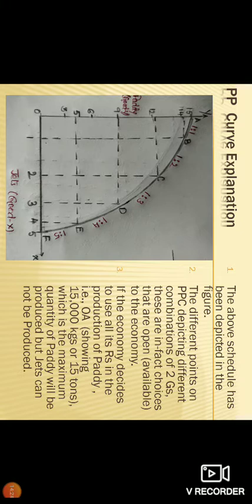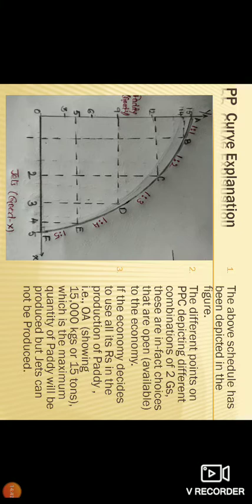If the economy uses all its resources for the production of paddy, that is the A combination. So it shows OA quantity of production of paddy.